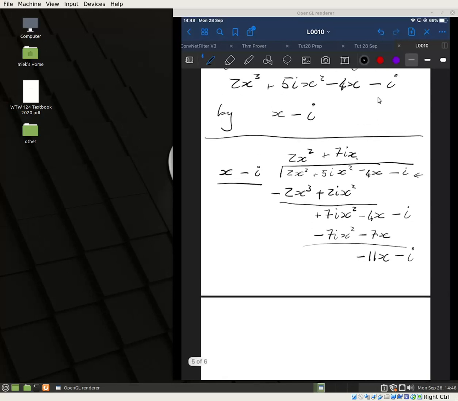Okay, and we repeat. So x goes into minus 11x, that goes minus 11 times, and minus 11 times minus i is plus 11i. We subtract that from that, so let's change all the signs. Whoops, there's an x there.